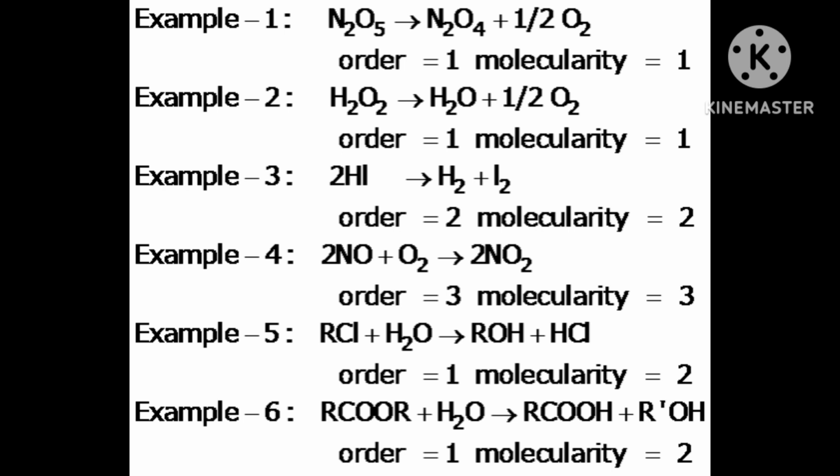The total number of reactants taking part in that elementary reaction, in a balanced equation, is called molecularity in a complex reaction. Otherwise, if only one step reaction is taking place, then no doubt.